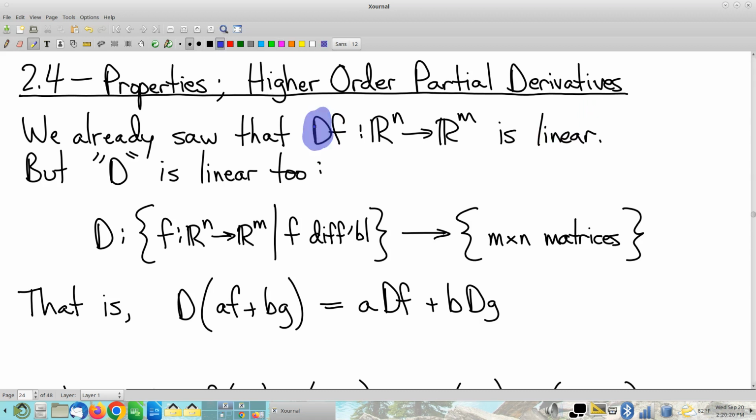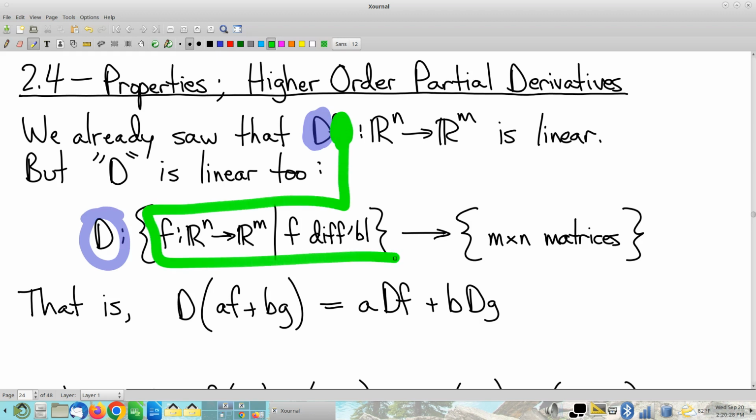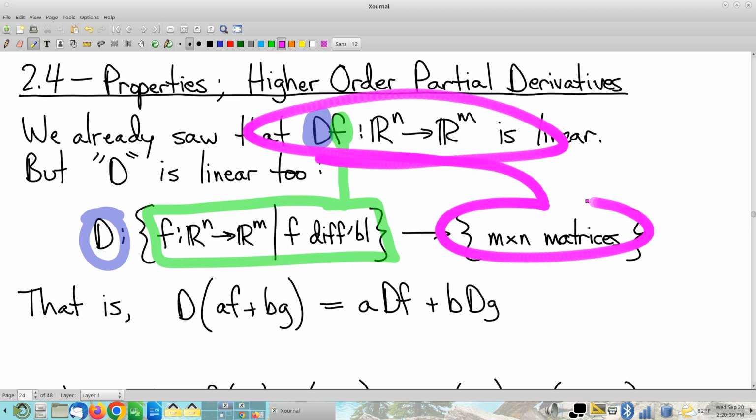Not df, but D. D being the process that takes a differentiable function, so that it makes sense, and turns it into a derivative matrix.